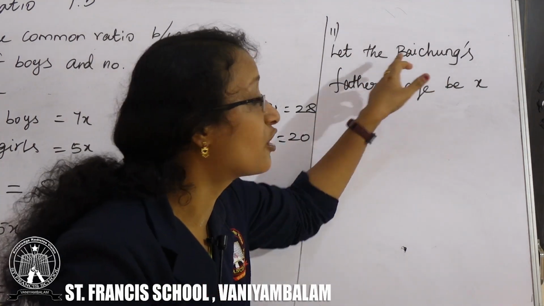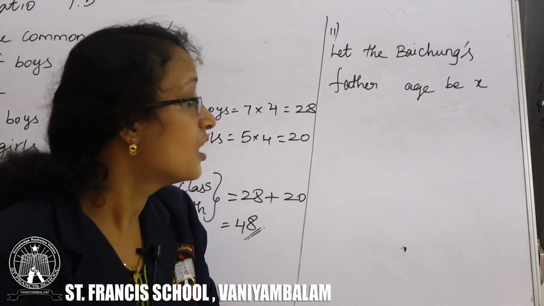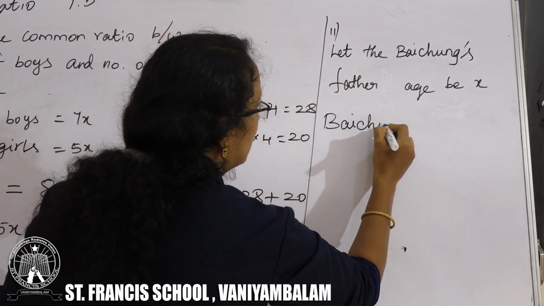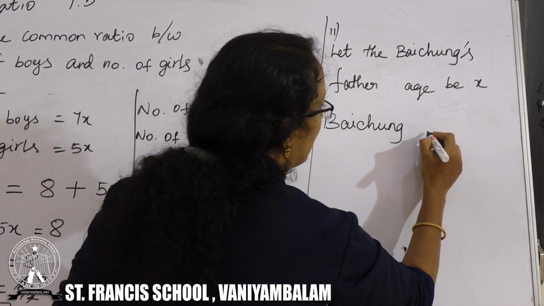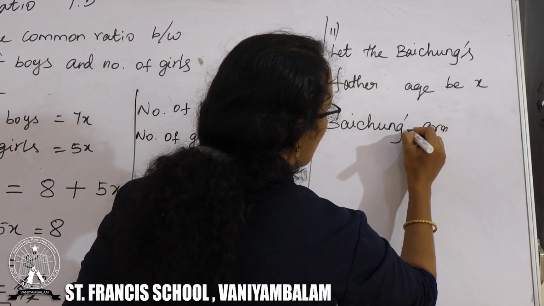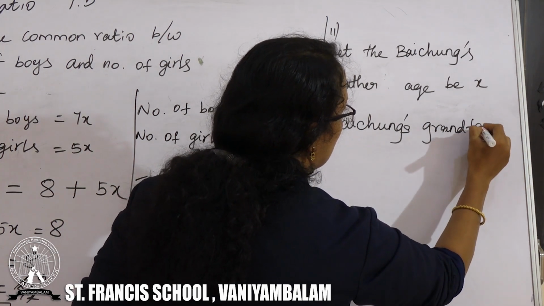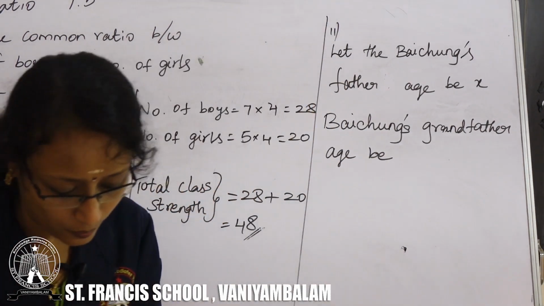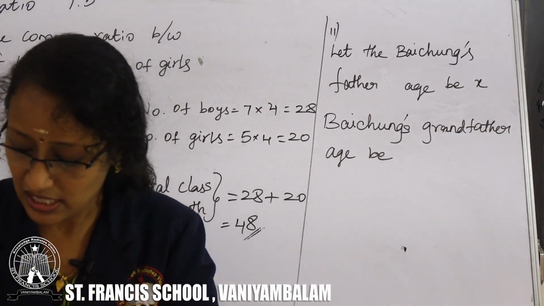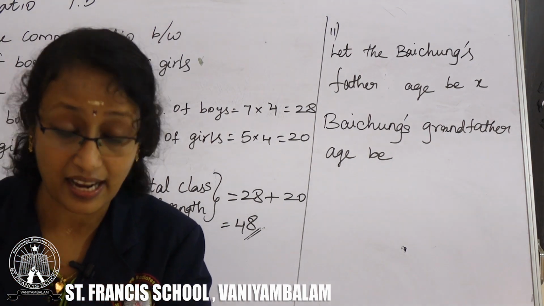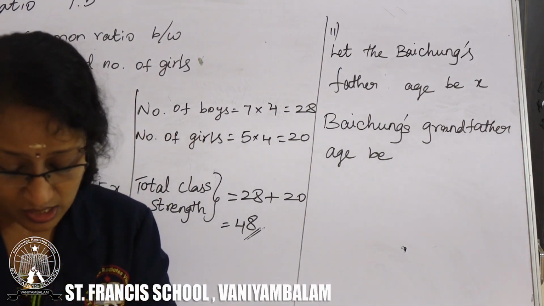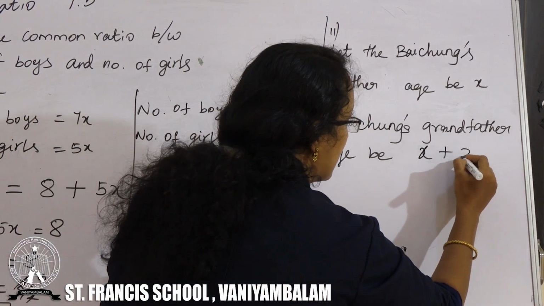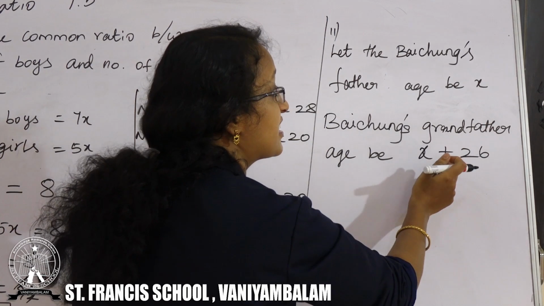Grandfather means the father of Baichung's father. So Baichung's grandfather age is x plus 26, because Baichung's father is 26 years younger.